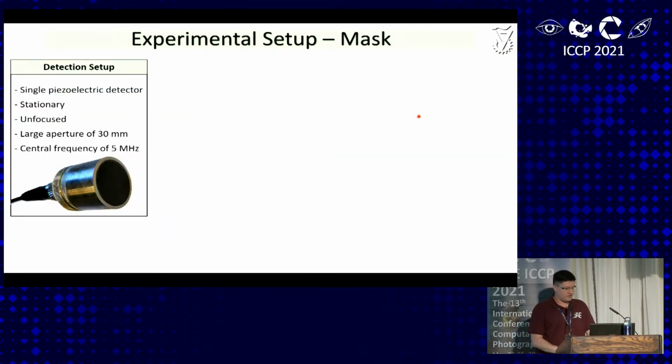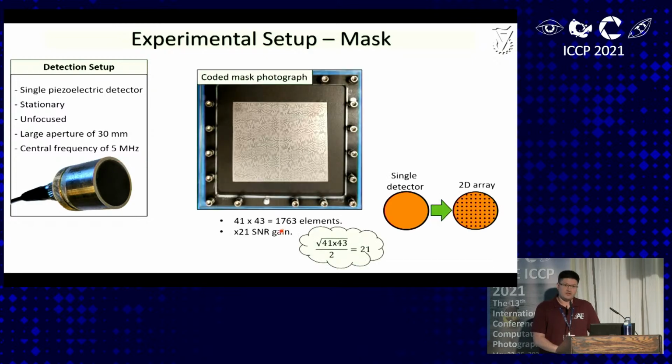And here you can see our single detector that is flat and has a large aperture of 30 millimeters, which basically means that its view field is really narrow. And we have masked this single detector with a mask with 1,700 elements. We converted this single detector into an array with 1,700 elements in an arrangement of 41 by 43.